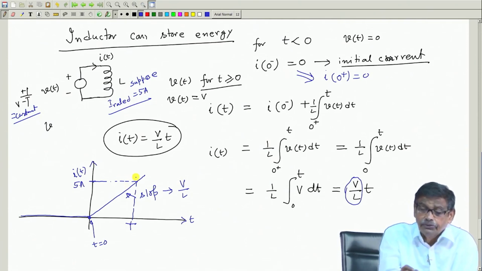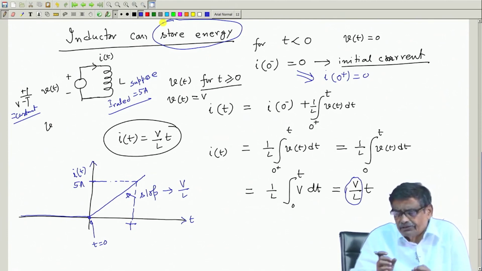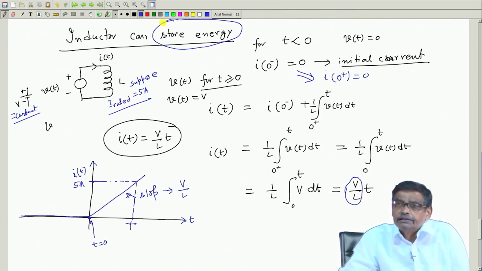Now, as I told you, I will concentrate upon energy storage in an inductor. Unlike a resistor, whatever is the power, I squared R or voltage across the resistor into current, they are one and the same thing. A resistor will always receive power, and that power, whatever it receives, it immediately dissipates into the atmosphere.